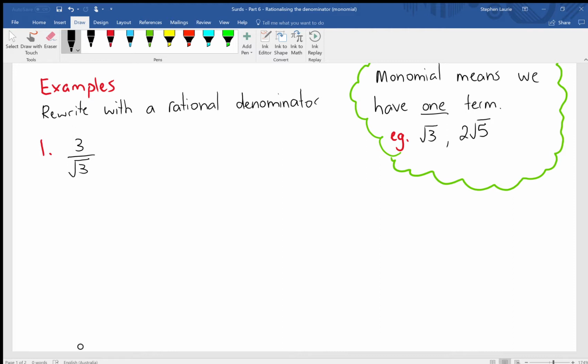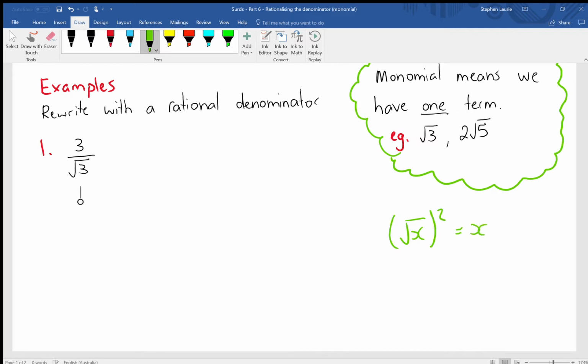Okay, we have a denominator that is a surd. We want to rewrite this fraction with a rational denominator. How do we turn a surd into a rational number? If we think back to one of the key rules we learnt, we learned that the square root of x squared is just x.